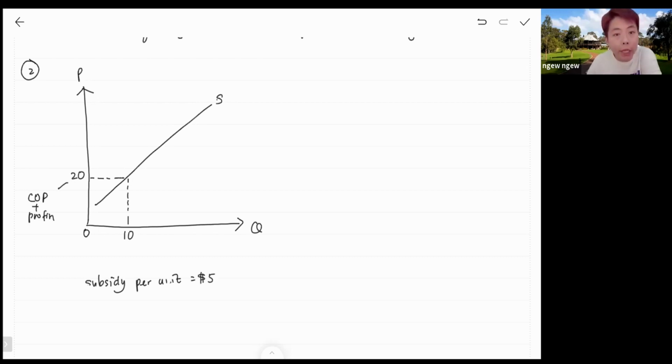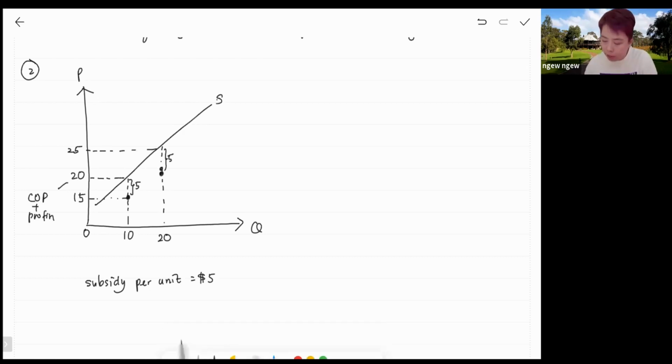So to supply 10 units, firms will now be willing to supply at 15. So this 5 bucks is given by government. Likewise, originally when you are asking for 20 units, firms might be asking for 25 per unit. Now because 5 bucks is given by government, firms will be supplying this at 20.